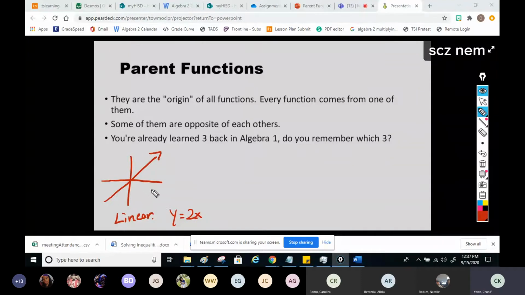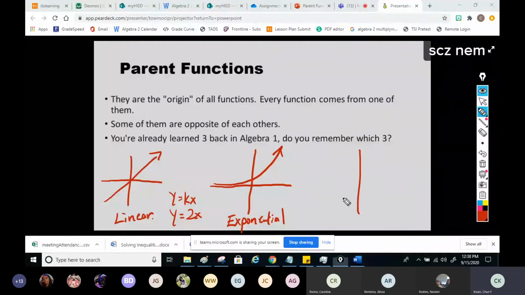I think as early as middle school, you guys might have learned it. I think back then you guys learned y equals kx or something like this. So if it's a straight line, it's linear. The second one that you learn is going to be an exponential graph. So it curves up. This is an exponential graph. It curves up.